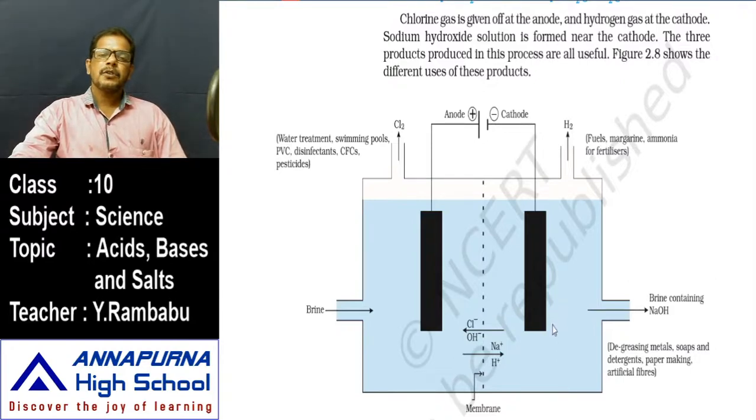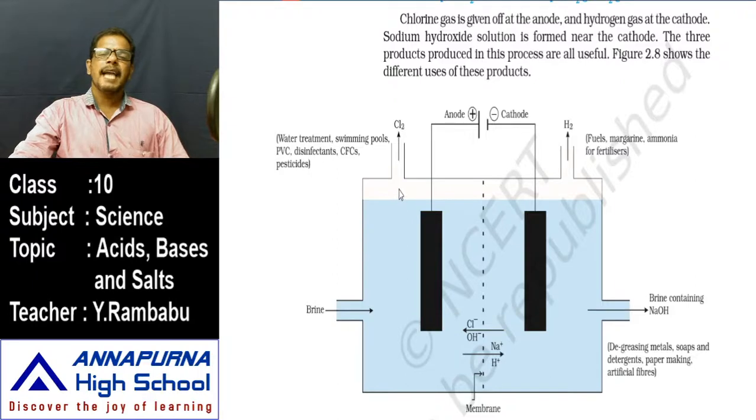When electricity is passed through this aqueous solution of sodium chloride, not only sodium hydroxide, that means caustic soda, is produced, other byproducts are also there. What are the other byproducts? Chlorine and hydrogen. This chlorine comes from negative ions. We know negative ions are attracted by the positive terminal, the anode.